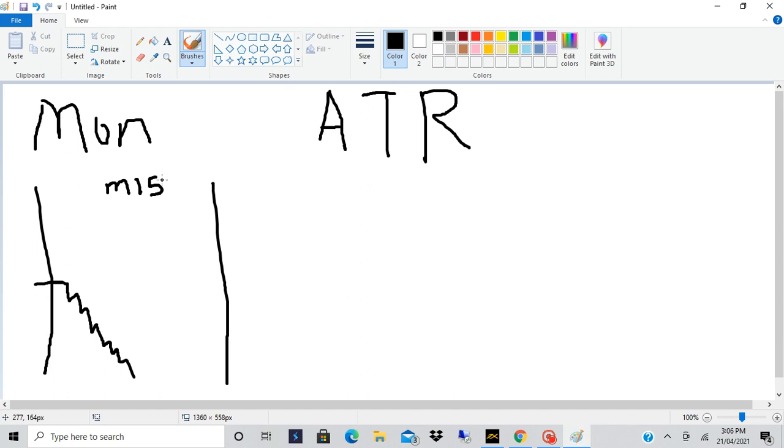So this is my M15. I'm looking at my M15 chart, the market started to go down, and the majority of the time on a Monday you would see the market either start up or start down.